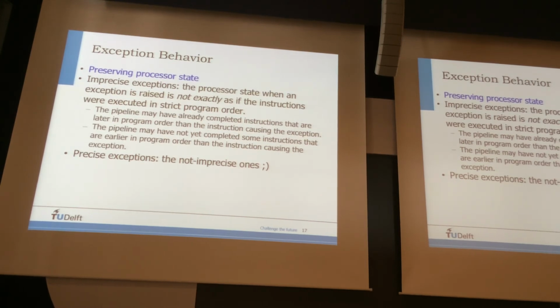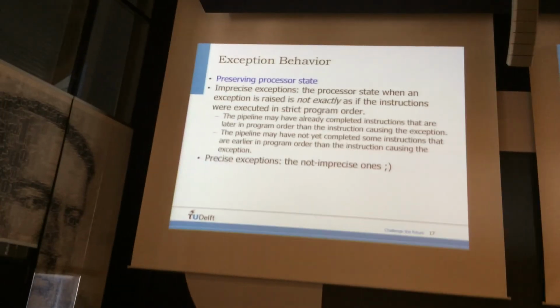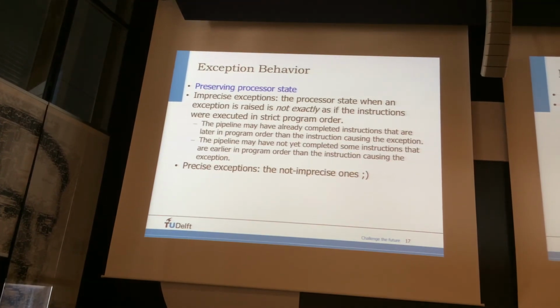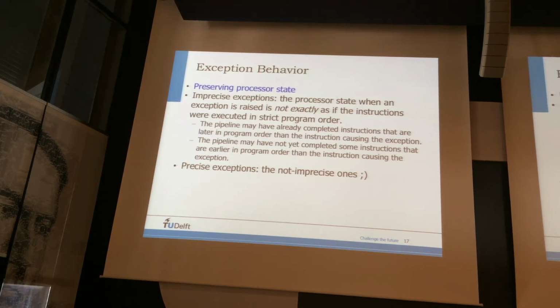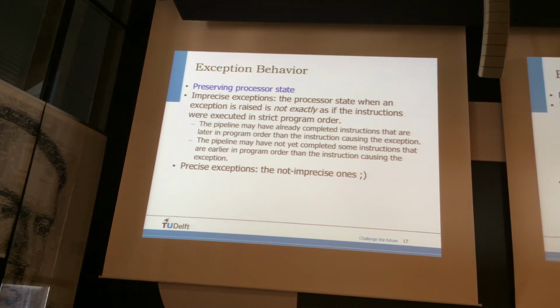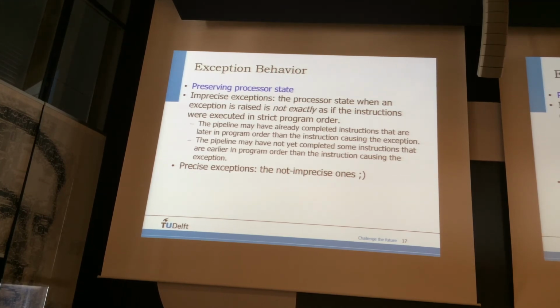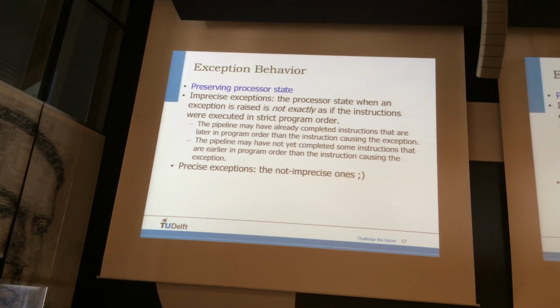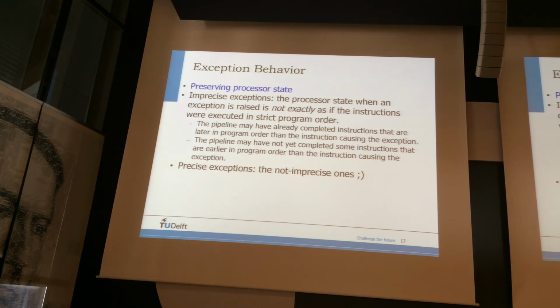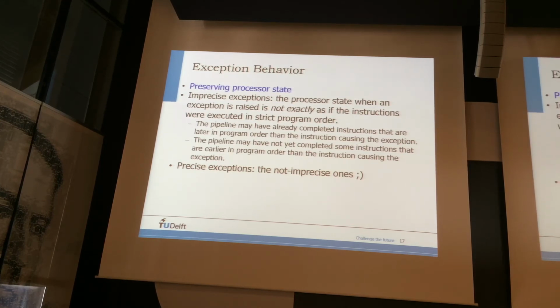But from the point of view of the operating system, it's sometimes crucial to see the real status of the processor. And if that's the case, you want to have precise interrupts, which means that whenever an exception rises, the status of the program would be the same as the status of the sequential execution of the program.